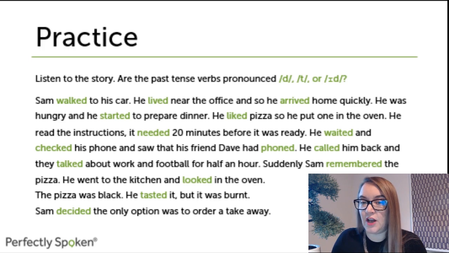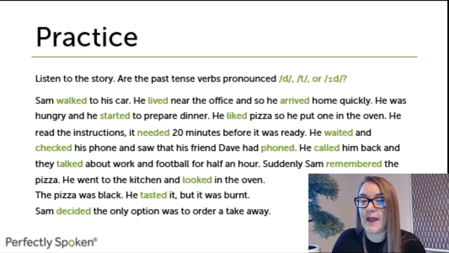Sam walked to his car. He lived near the office, and so he arrived home quickly. He was hungry and he started to prepare dinner. He liked pizza, so he put one in the oven. He read the instructions. It needed 20 minutes before it was ready. He waited and checked his phone and saw that his friend Dave had phoned.